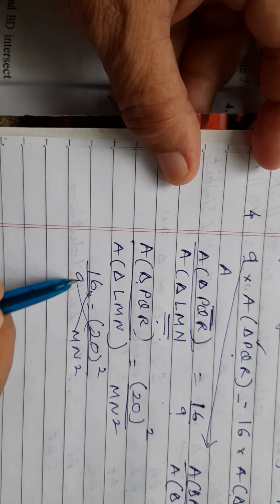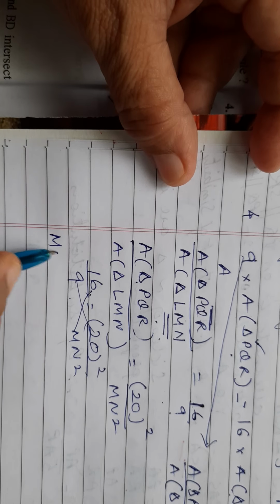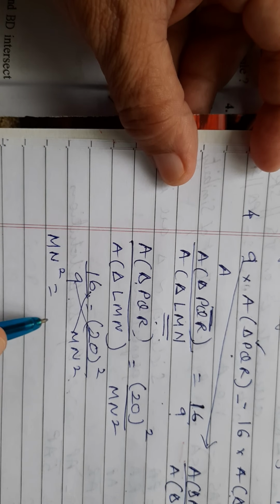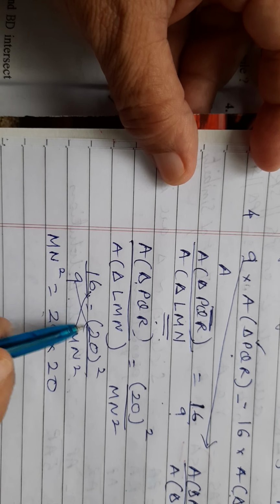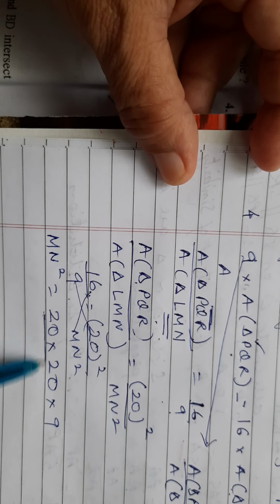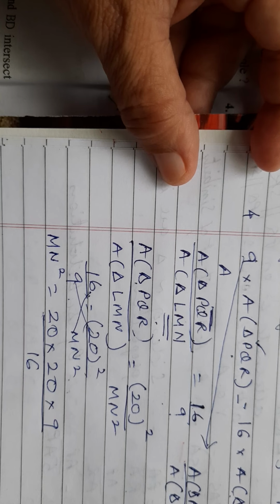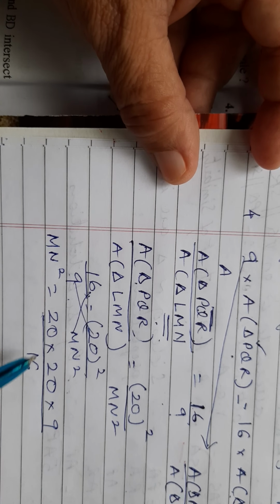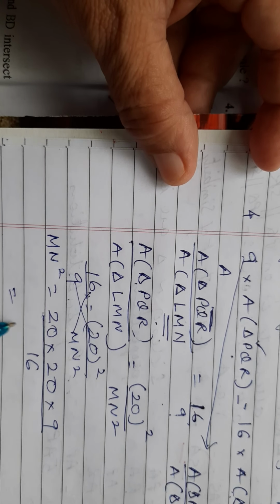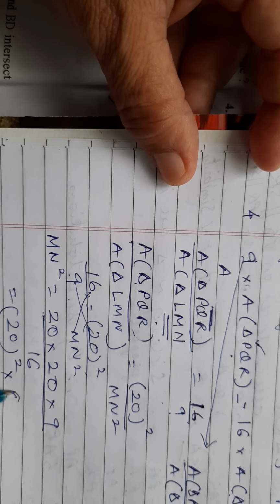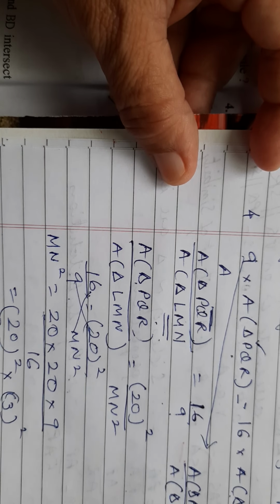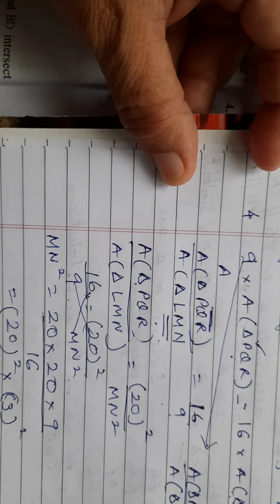So when we cross multiply, we get MN square is equal to 20 into 20 multiplied by 9 upon 16. You can calculate, or you can keep it as 20 square, where 9 is the square of 3 and 16 is the square of 4.